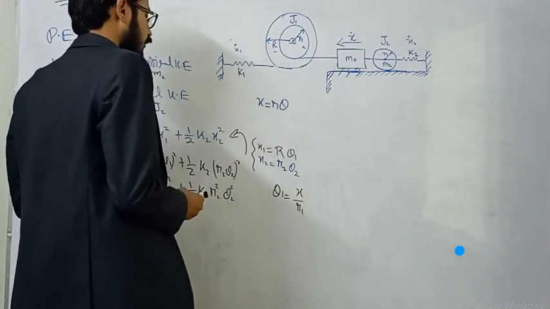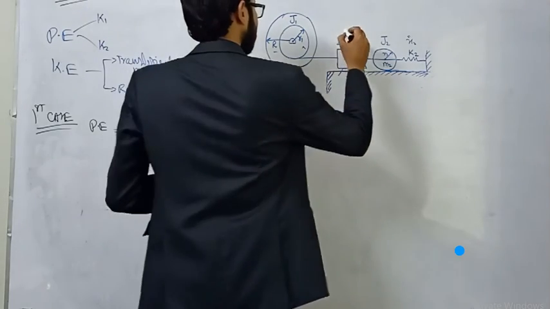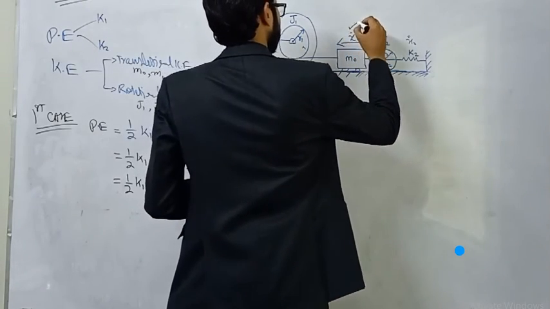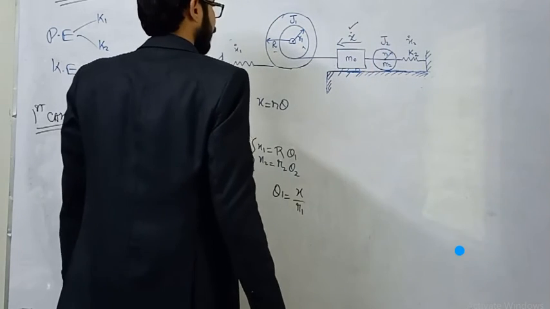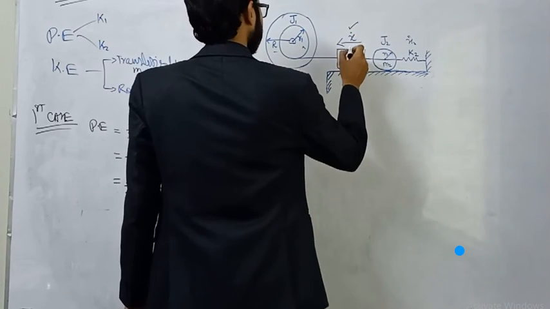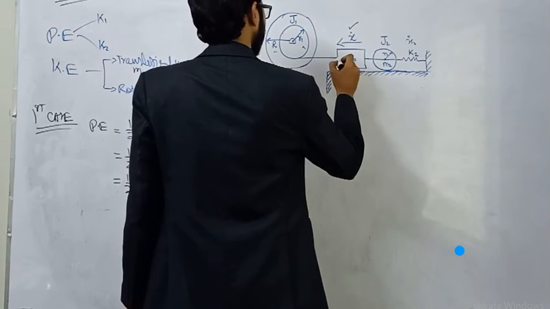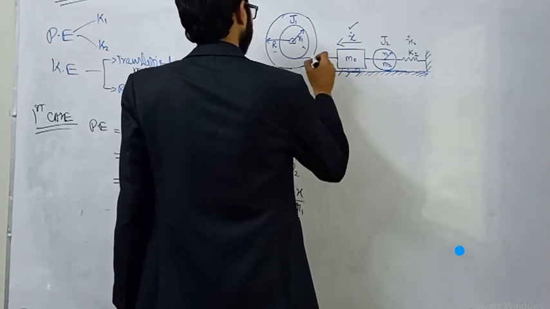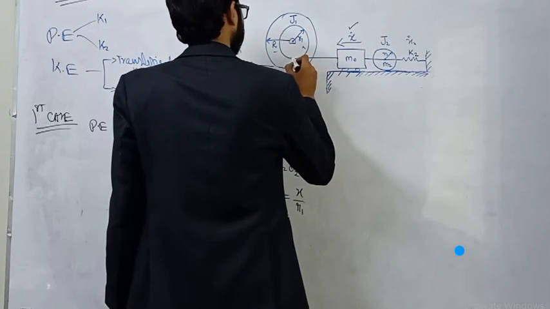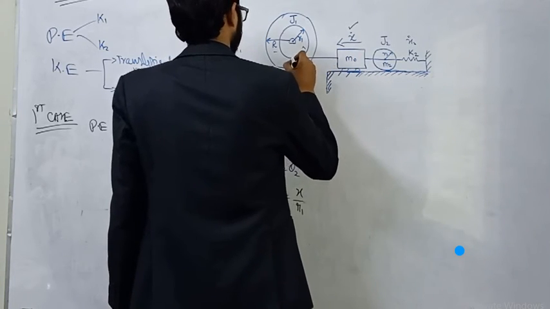Because we know that this velocity, x naught, is directly associated with this mass m naught, and that is directly associated with this disk of radius r1.